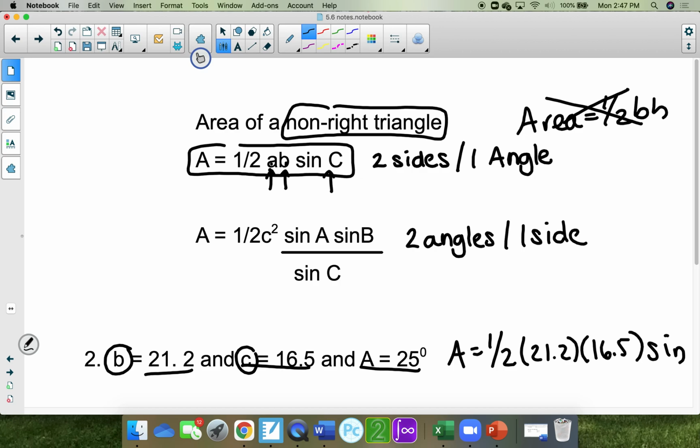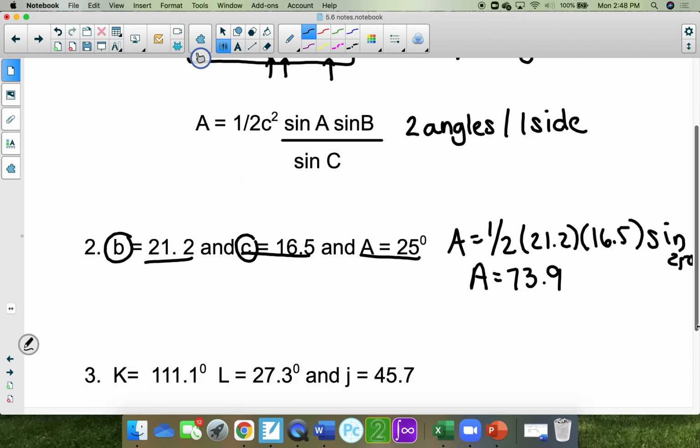If this is A and B, then the sine that they give you has to be the other side's angle, which is A, and 25. And all you do is plug that all into your calculator: the sine of 25 multiplied by 21.2, multiplied by 16.5, and multiplied by 0.5, which is the same thing as 1/2. The area of this triangle is 73.9.